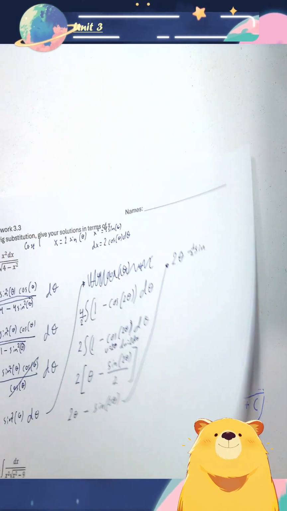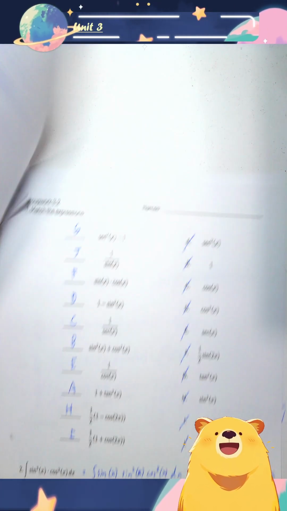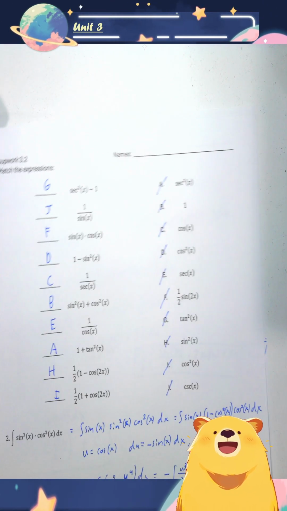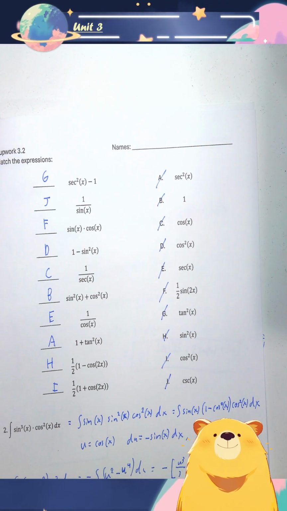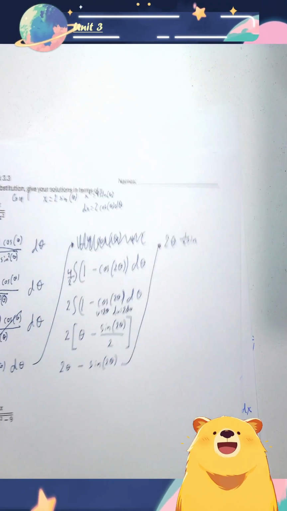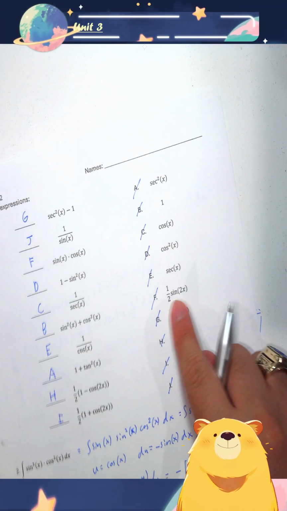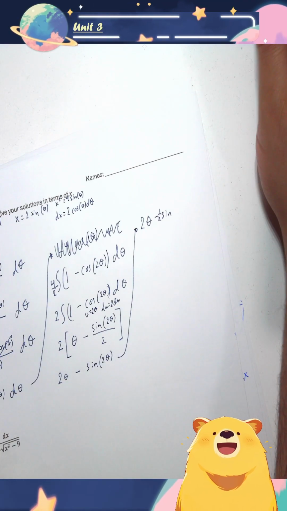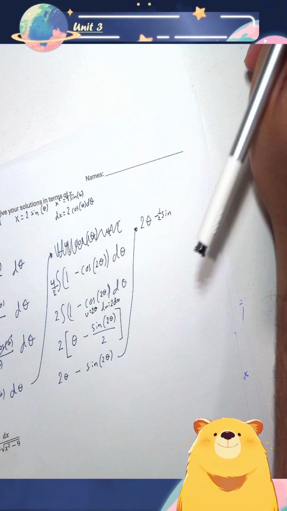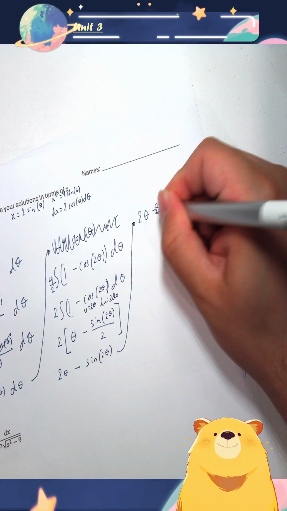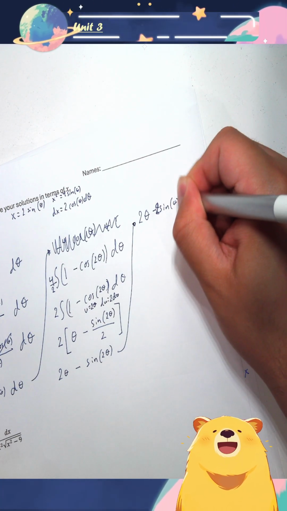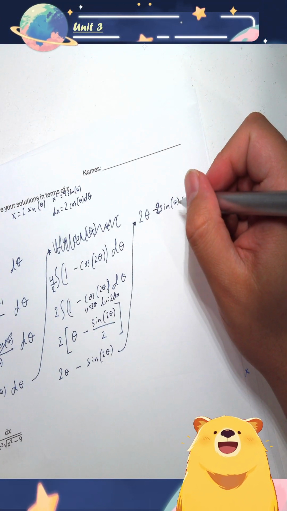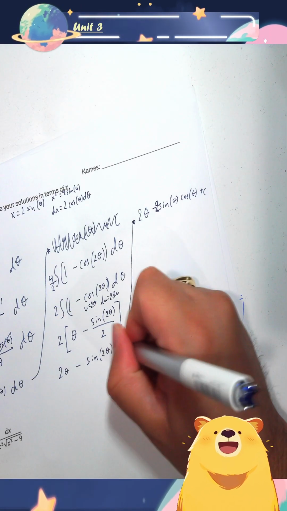Let me just double check because I know it was even brought up here. Yes. Oh no, it's not. Because look, one half's included. Okay, so I made the mistake. So it's just going to be 2 sine theta cosine of theta plus c.